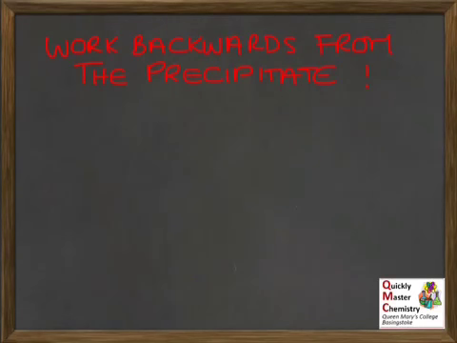We took a fairly lengthy journey there to get from the reactants to the ionic equation, and the reality is we can take a big shortcut when it comes to writing ionic equations for precipitation reactions, and that's simply to work backwards from the precipitate. So imagine a scenario where you had a solution, you added silver nitrate, you got a yellow precipitate, and you think, aha, this is silver iodide, there must be iodide ions present.